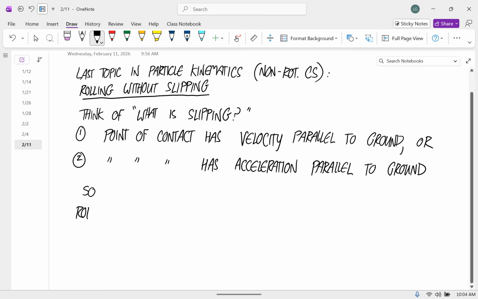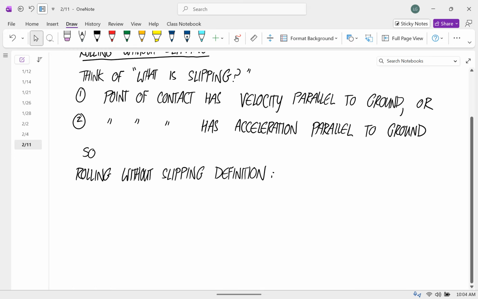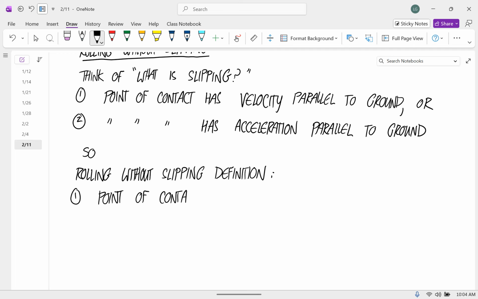So, rolling without slipping, the definition we're going to use is, I'm basically saying the same thing again, the point of contact has zero velocity.